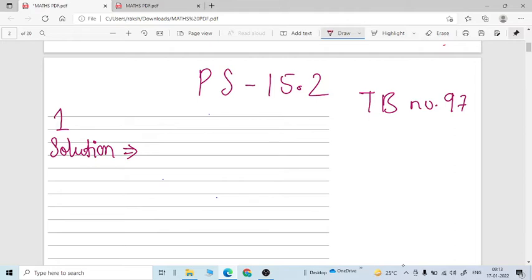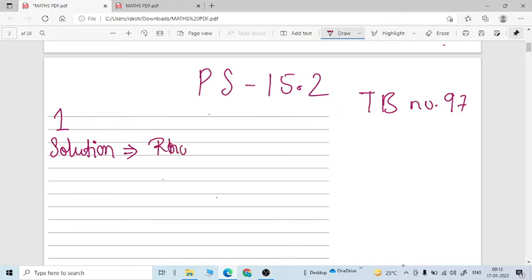Given: the length of the first diagonal is 15 centimeters and the second is 24 centimeters. Now let's find the area. First we'll write the given, the lengths given in the question.